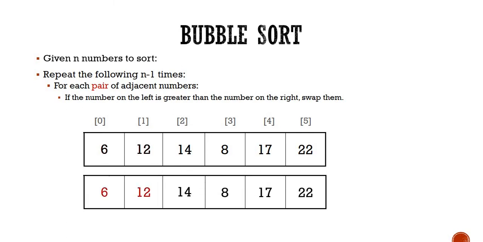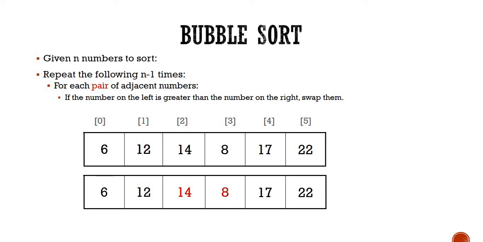We compare between index 0 and index 1, and just keep the list because 6 is less than 12. Now we move to the next adjacent elements. We compare between index 1 and index 2, and just keep the elements because 12 is less than 14.